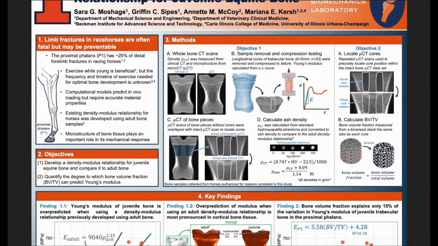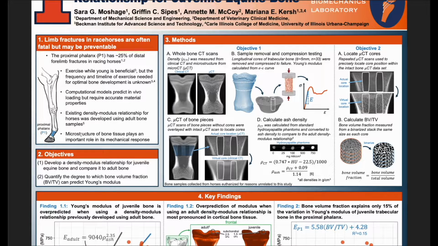So there is a density modulus relationship that exists for horses that's been used to build finite element models. However, it was developed using adult bone. And we really want to focus on what happens if we implement exercise when the horses are young. So this relationship might not work for us.